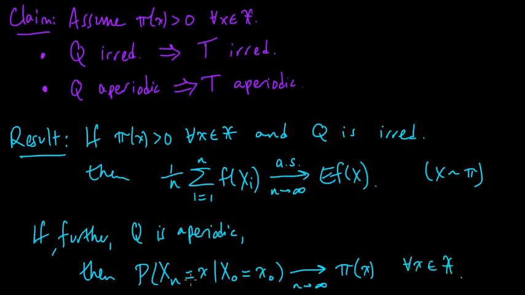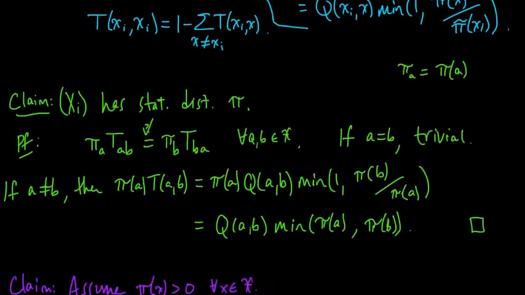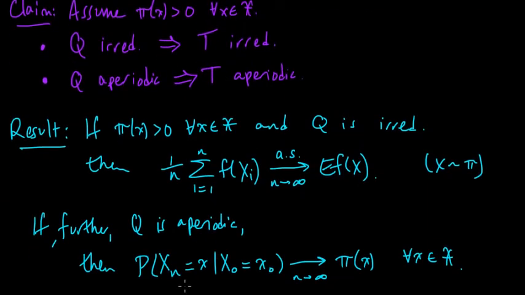So in other words, what this is saying is that if we take our Metropolis algorithm and run it for a long time, that is for a big N, then no matter what state we started it out in, the distribution of xn, the last state in the chain, is going to be approximately pi of x.